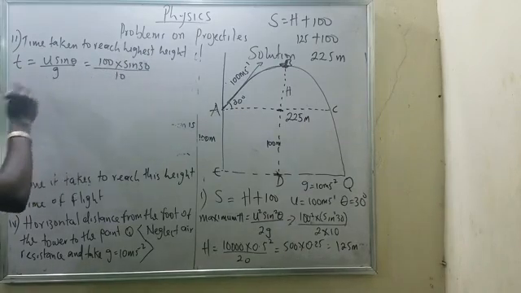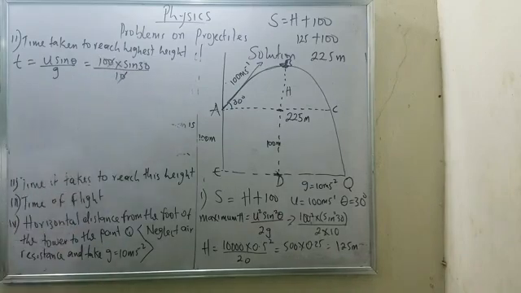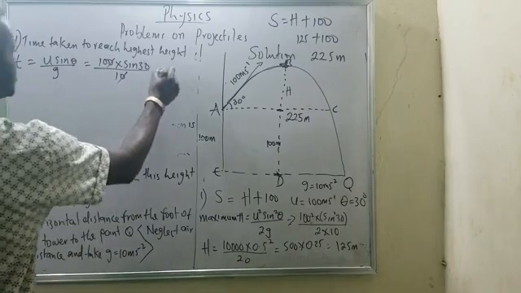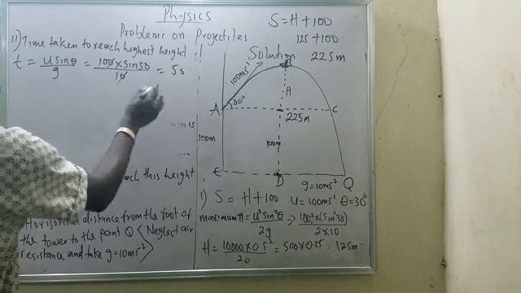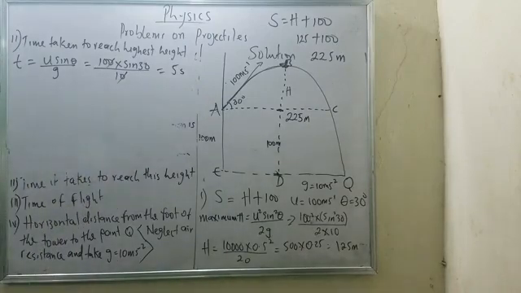Sine 30 is 0.5, so 100 times 0.5 divided by 10, which will be 5 seconds. That is the time taken to reach the highest point.